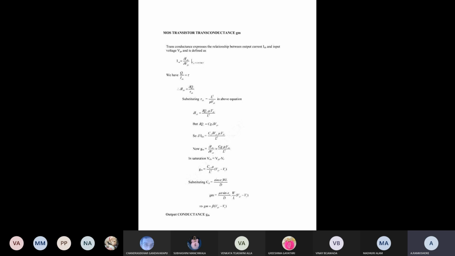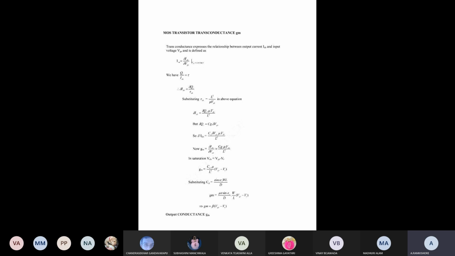So in today's class, we will discuss the transconductance of the MOS transistor. This transconductance expresses the relationship between output current IDS and input voltage VGS.